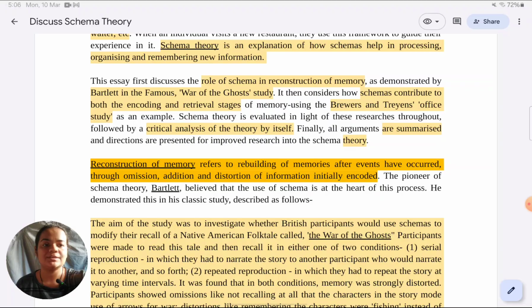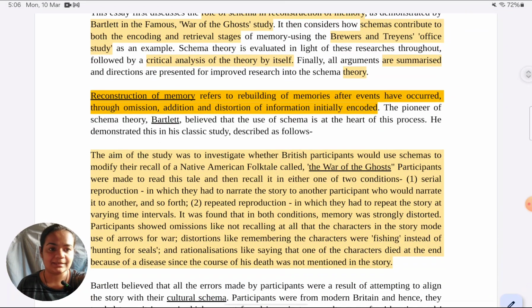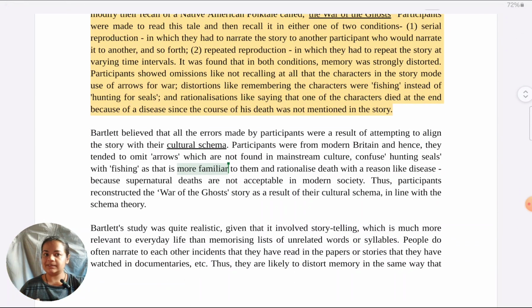So initially we just say, okay, reconstruction of memory is done. Now after demonstrating in this study how reconstruction was done, we point out that schema causes these types of distortions in memory: omission, rationalization, familiarization.